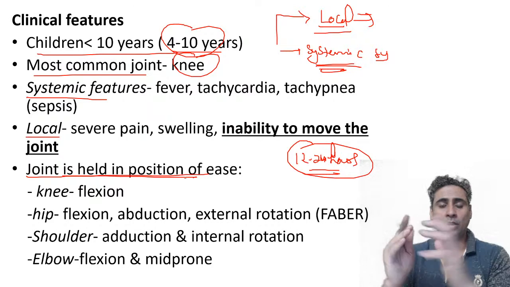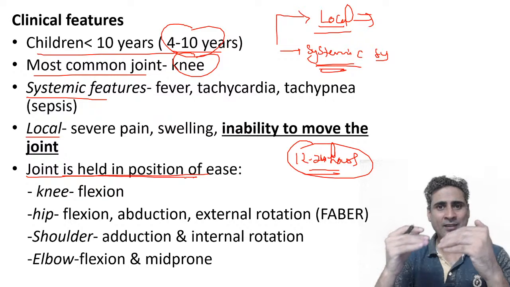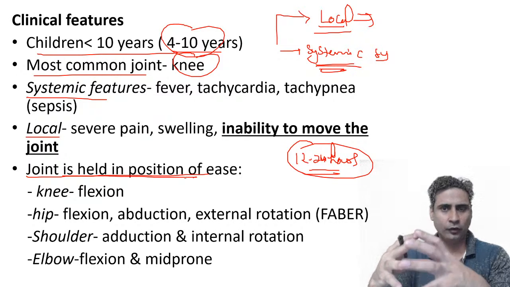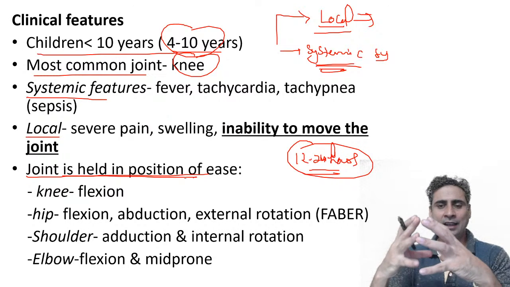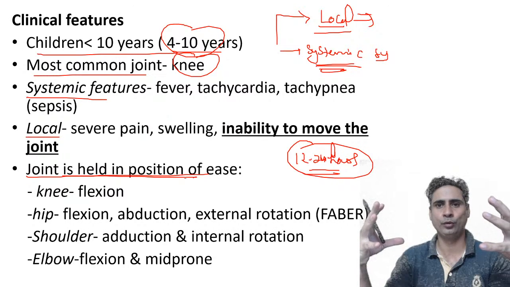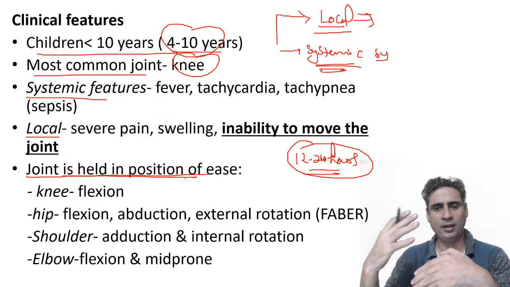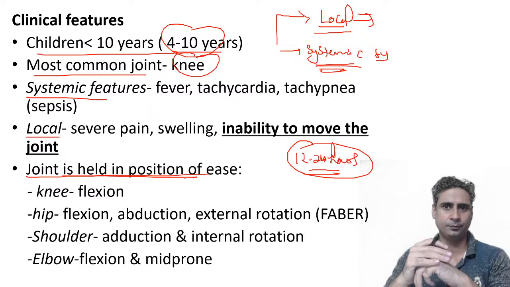Joint capsule is a pain sensitive structure. Whenever there is synovitis, there is accumulation of synovial fluid in the joint that can lead to stretching of joint capsule. So stretching of joint capsule will cause pain, as joint capsule is a pain sensitive structure.